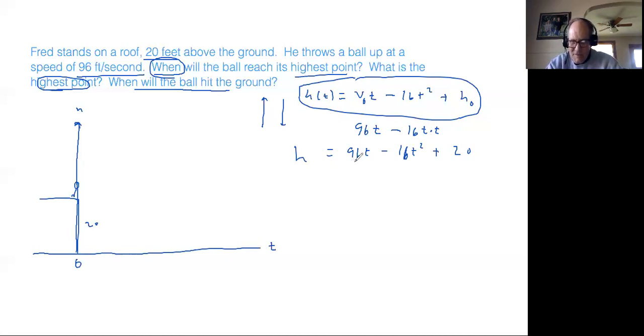Now notice something about this. What kind of graph is this? Especially if we rearrange it, using our commutative property, to negative 16t squared plus 96t plus 20. Remember that property from elementary school or junior high math? What is that? You should be thinking that's a parabola, or a quadratic. And quadratics have this nice characteristic: they're symmetrical.